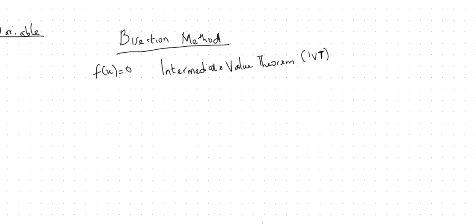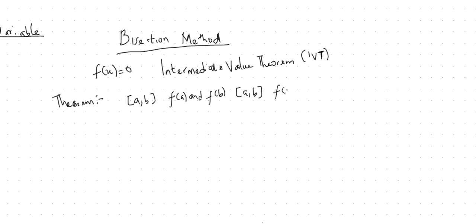I'm just going to state it, and then draw the necessary diagram. The theorem states that if the function f is continuous in the interval a and b, and k is any number lying between the function of a and the function of b, don't worry, I'm going to give you a simple diagram, then there is a point c somewhere in a and b such that the function of c is equal to k.